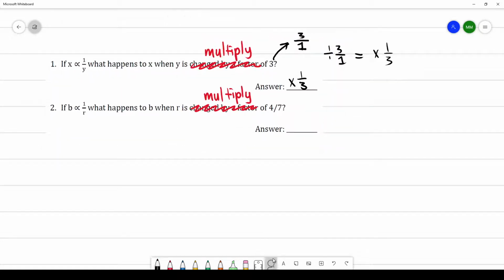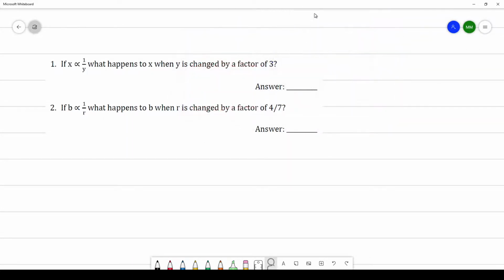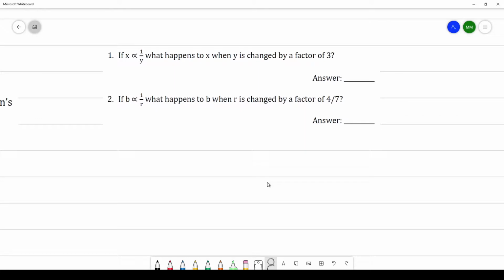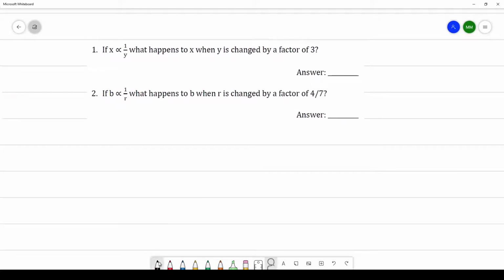Maybe that's why. So yes, you are right. So, first, multiply by 1/3. That is the correct answer. You got that one. And then this one divided by 4 over 7. That is also correct. Your answer is correct. I'm not saying it's wrong. But I want you to express it as a multiplication.